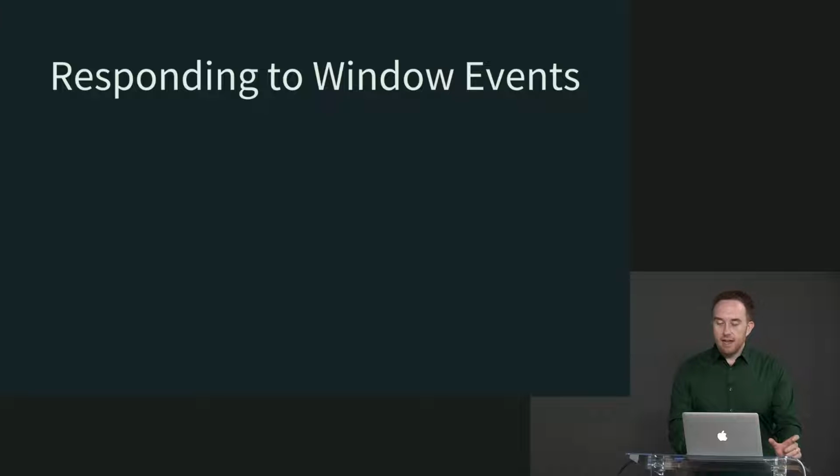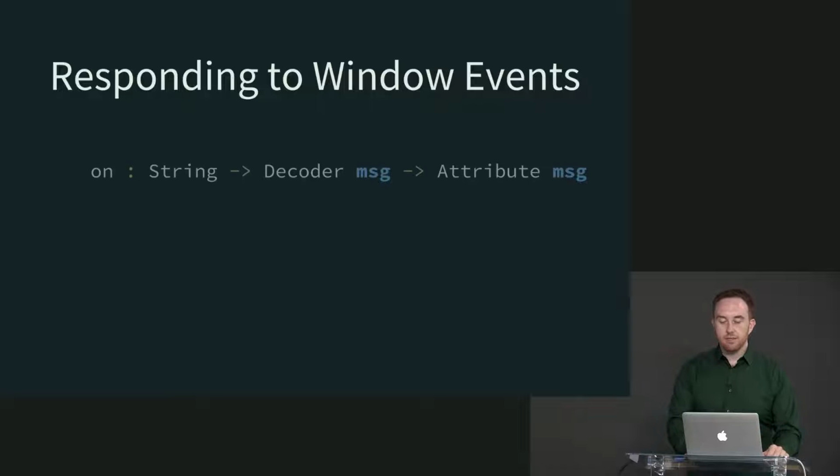So we can use a similar kind of concept to respond to window events that don't actually correspond to any particular element in the DOM, but rather just to the entire browser window. And to do that, we can't quite use this, because this only works for values that we're putting into the DOM. This attribute is plenty useful if we've got a div that we want to stick it on, but we can't just take an attribute and put it on the window.